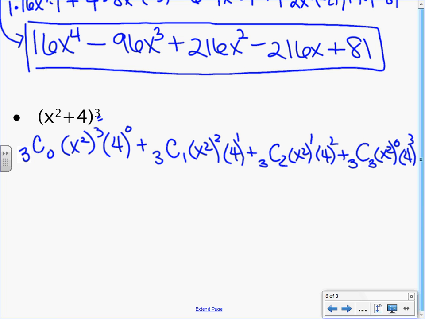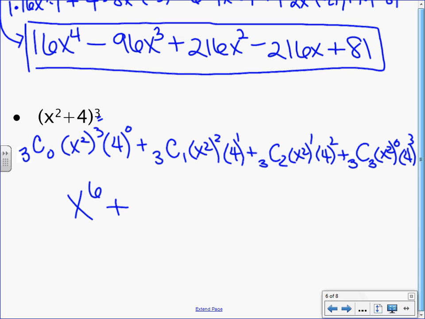Okay? So let's do this. 3 combinations of 0 times 4 to the 0, and x squared cubed. 3 combinations of 1 times 4 to the first.